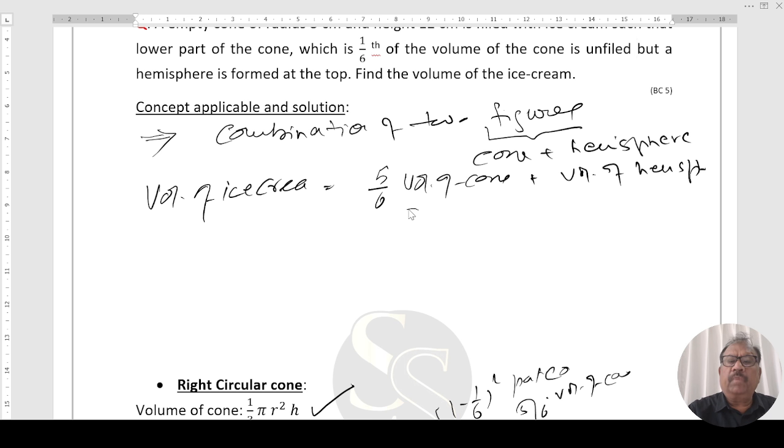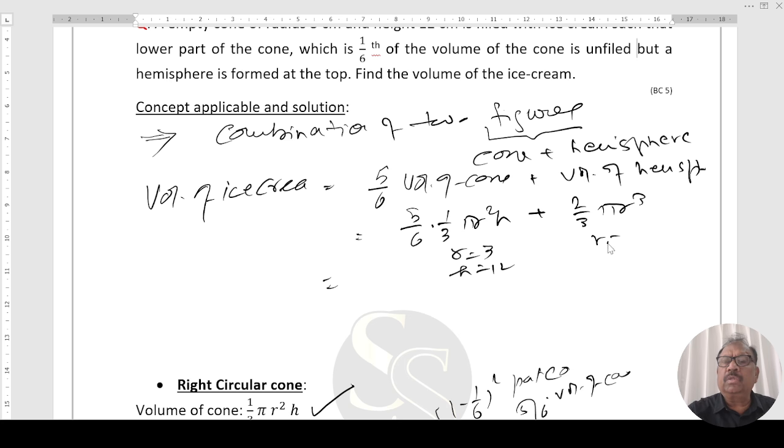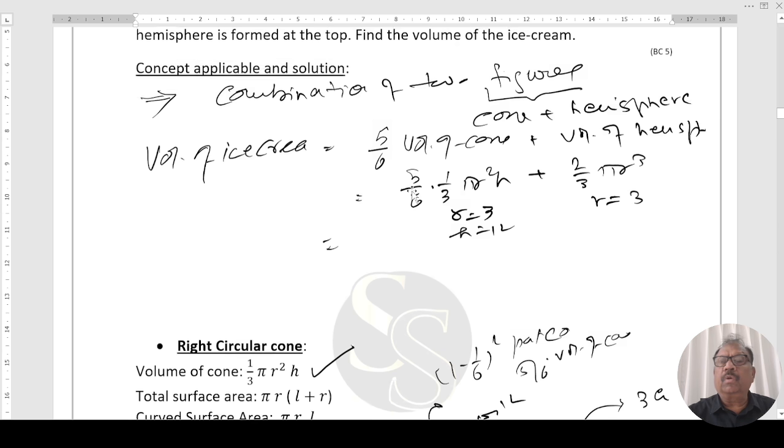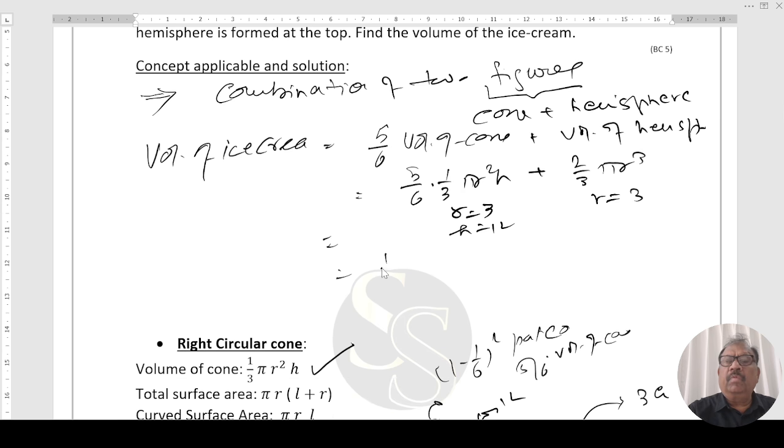In this case, 5 by 6 into 1 by 3 pi R square H plus 2 by 3 pi R cube. Now here R is 3, H is 12. R square is common, so we can take common 1 by 3 pi R square. Now remaining is 5 by 6 H plus 2R.